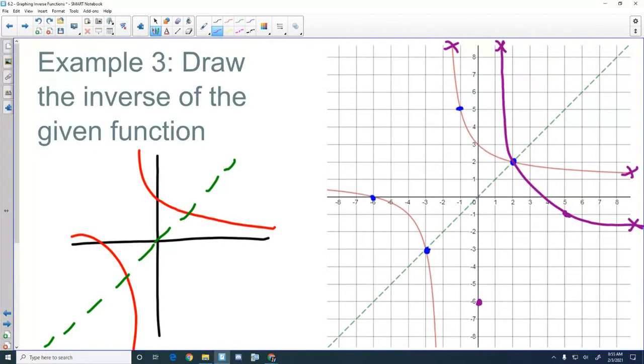And then same thing with our other graph. This point here is between 0 and 1, so its reflection would be down here between 0 and 1. The other end of it is between -2 and -3, so its reflection will end between -2 and -3.